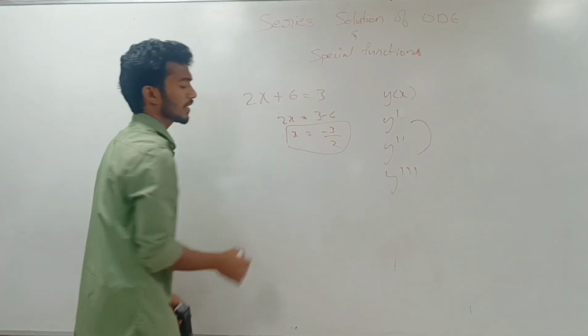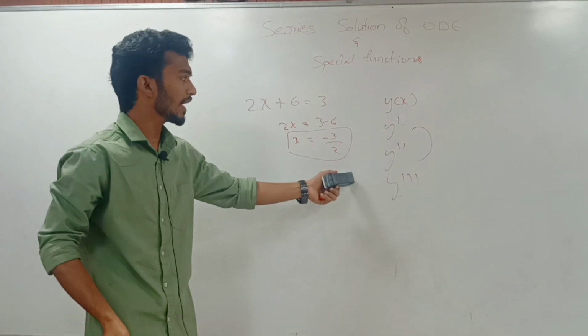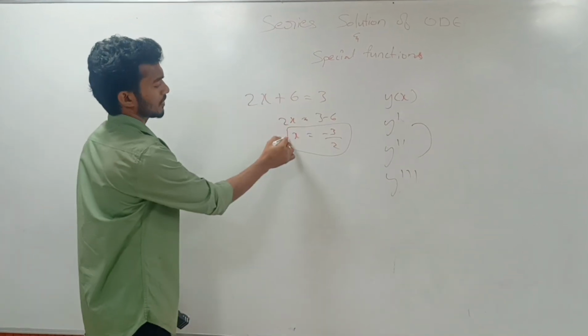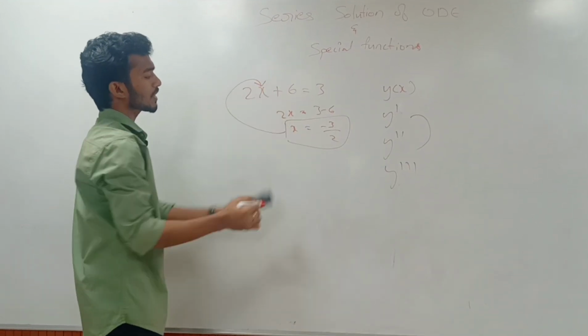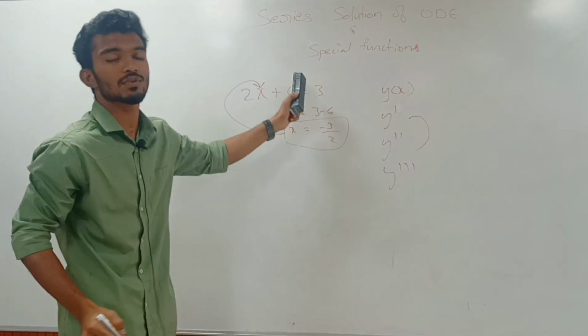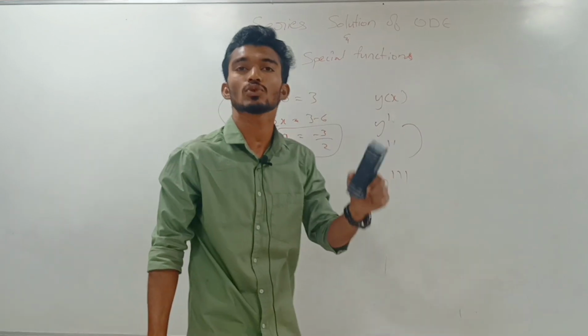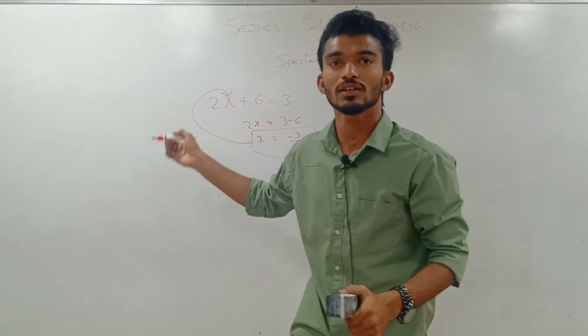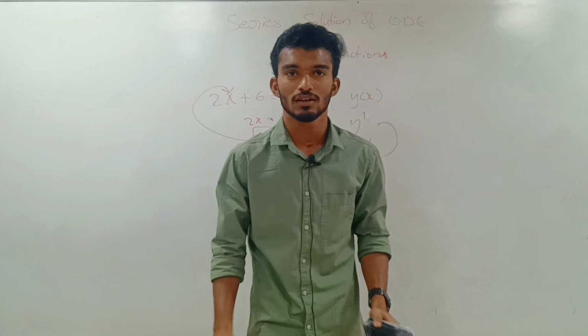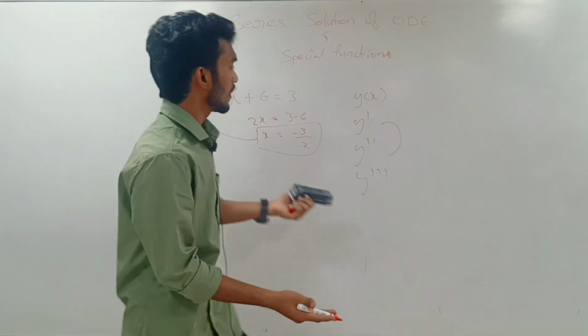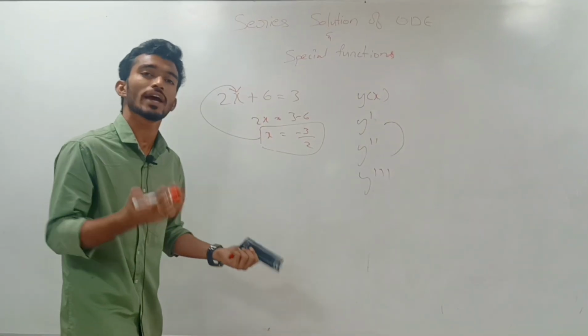So we used to say x equal to minus 3 by 2 is a value which satisfies this equation, right? If we substitute x equal to minus 3 by 2, then this equation will be satisfied. That is nothing but x equal to minus 3 by 2 is the solution of the given linear equation in variable x, right? In the same way, in the differential equation, we need to find the value.